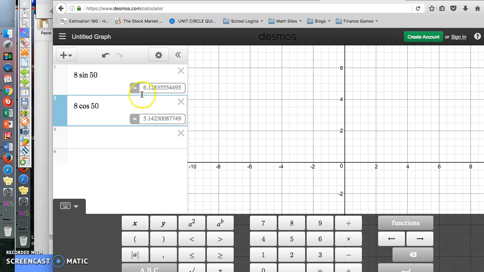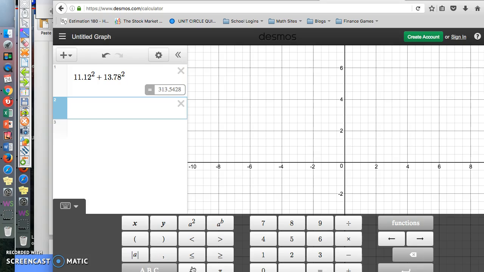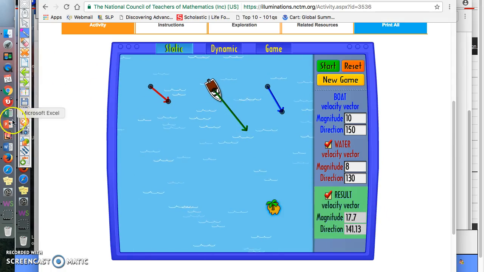So jump back to Desmos. 11.12 squared plus 13.78 squared, and if we take the square root of 313.5428, we end up with 17.7. If we look at that, that is the exact same as the length of our vector.